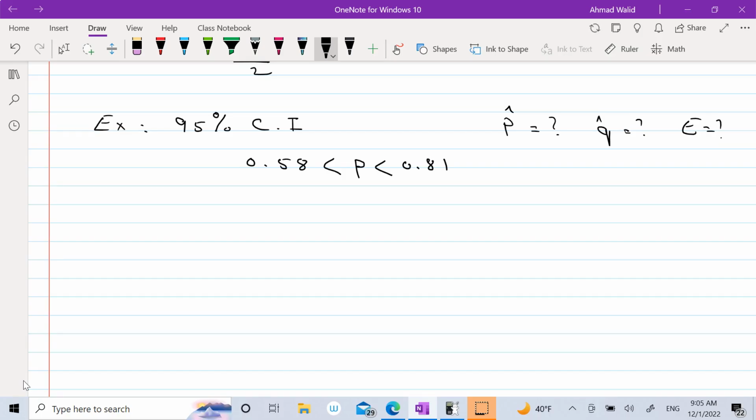Very easy. First, p hat. P hat equals upper plus lower, divide by 2.